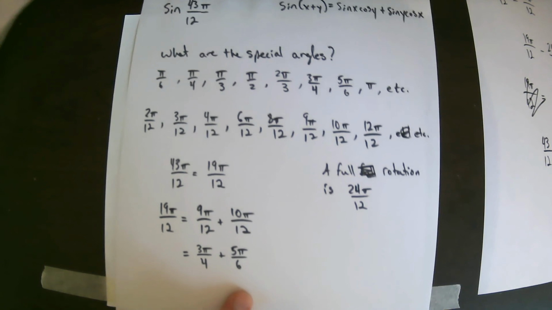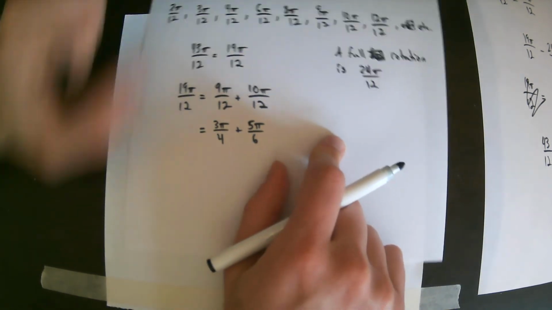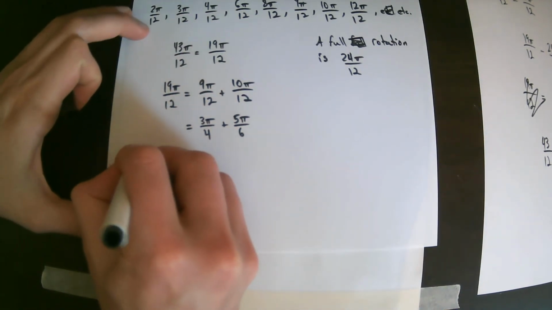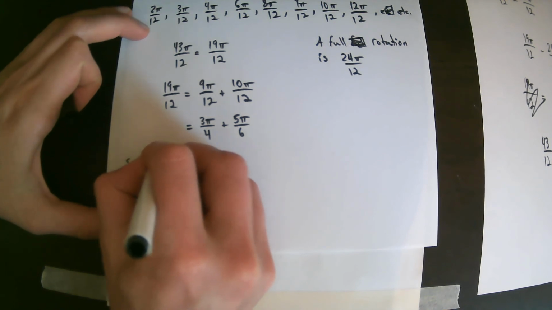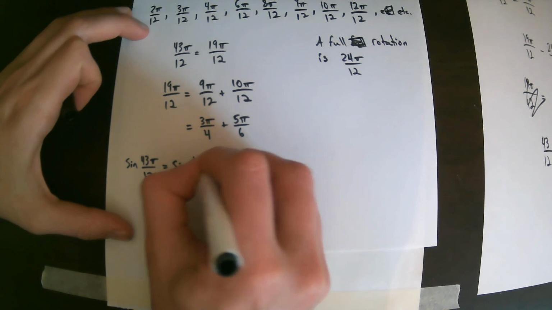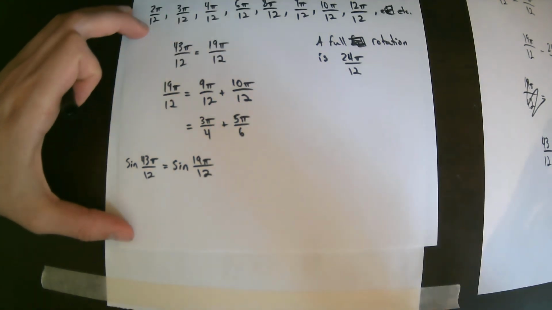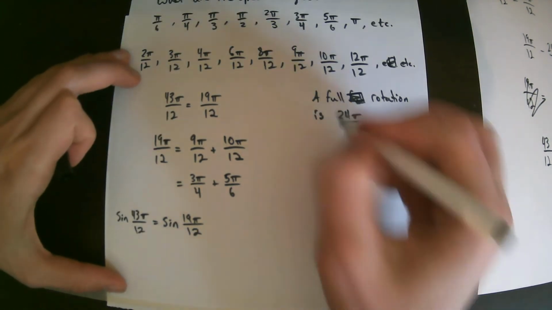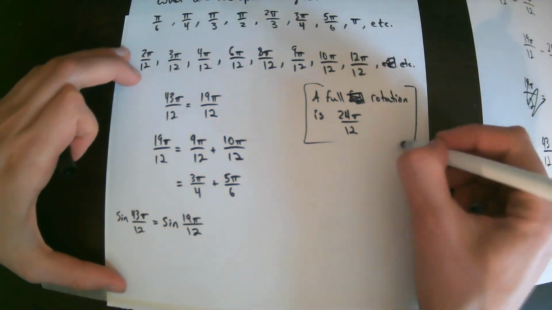So the way this would work is I would say sine of 43 pi over 12 is actually equal to sine of 19 pi over 12, just by removing a full rotation. We've done that before, removing full rotations from angles.